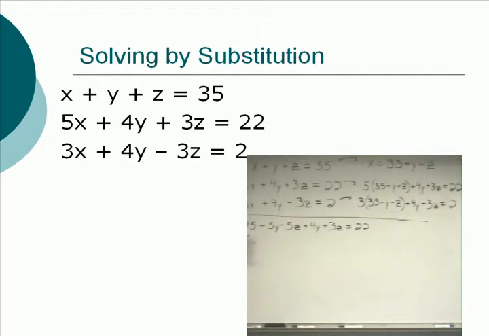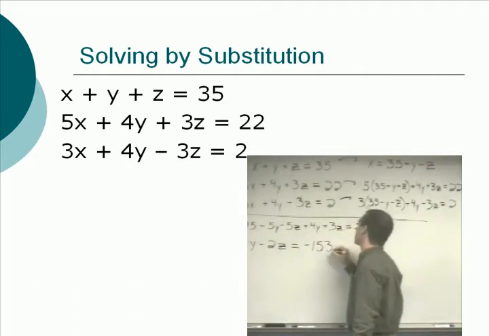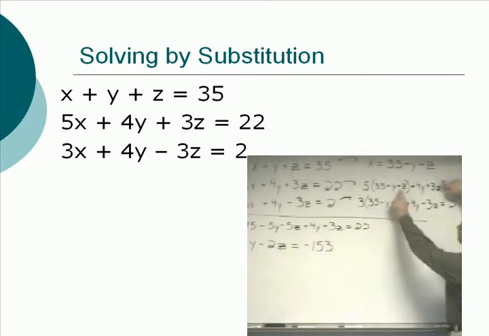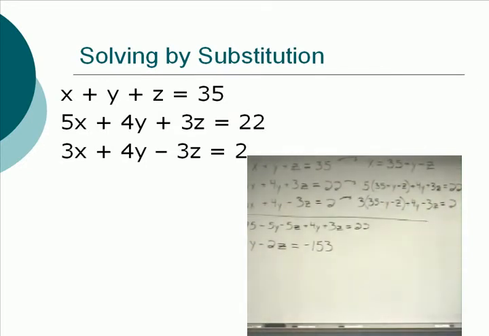Well, we can rewrite that a little bit, put the y and z's together, put the constants over here. Let's count the y's. We got negative 5y plus 4y. We have negative y, minus 5z plus 3z, that's minus 2z, equals 22 minus 175, negative 153. So this equation, when you distribute and combine, becomes that. Everybody follow that?